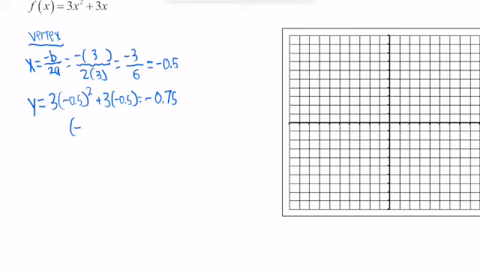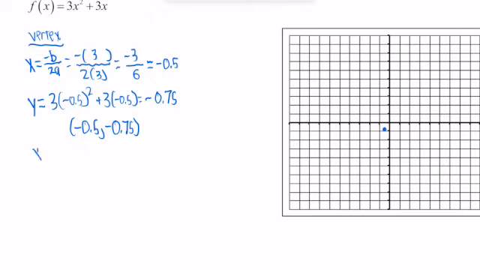So this tells us that our vertex will be negative 0.5 comma negative 0.75. So we'll go half a spot to the left and then down 3/4. So vertically it'll be a little bit closer to negative 1 than it would to 0.